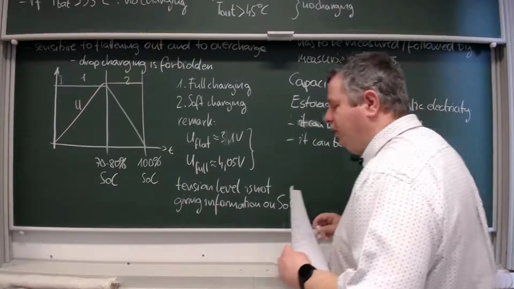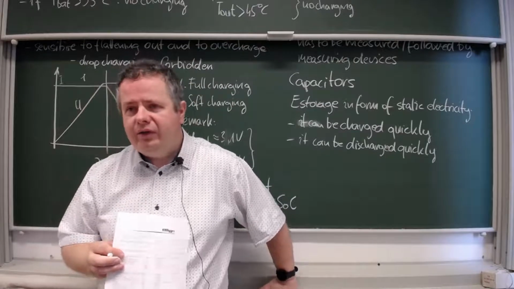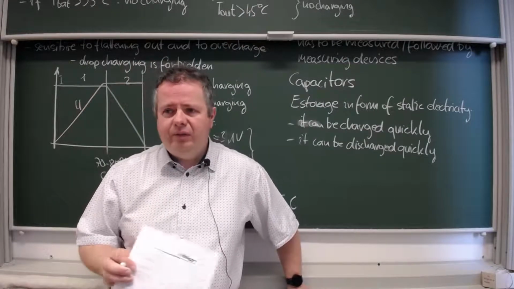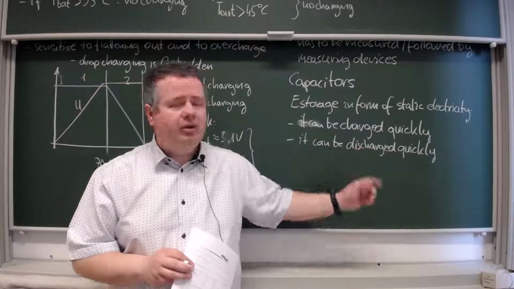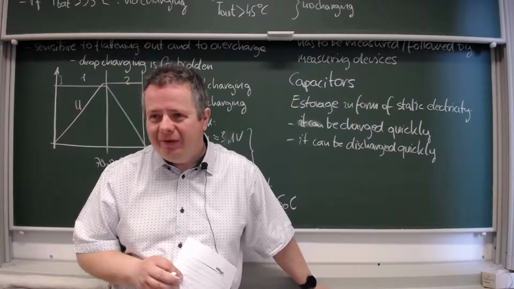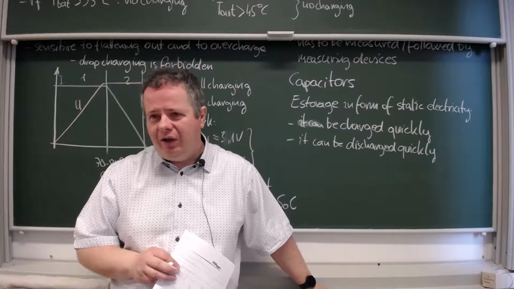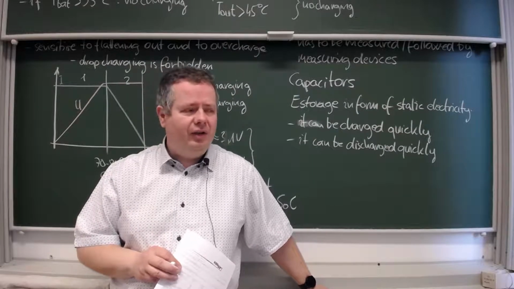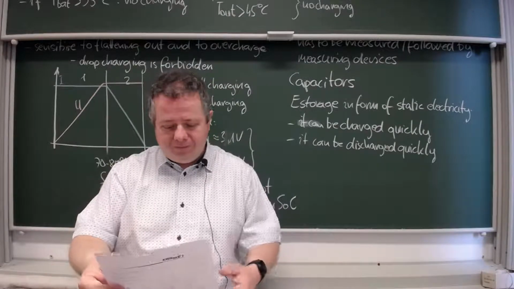So for a battery, if you discharge it with higher current than 10% of the capacity, it can be harmful for the battery. For a capacitor, you get no such problem. You charge it with large current quickly, and you discharge it with large current quickly, and it does not affect the capacity of the contents of the capacitor.